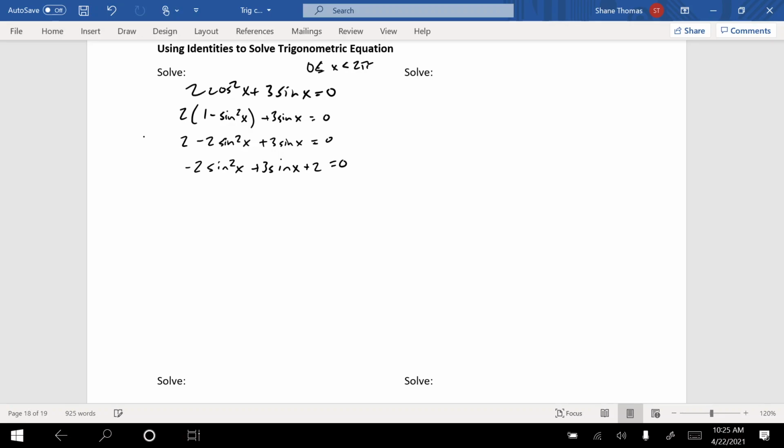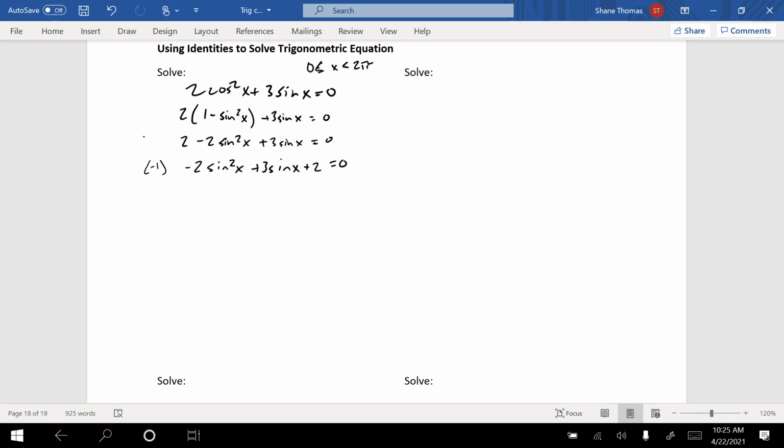I just reordered that to get it in that ax squared plus bx plus c terminology that we use for polynomials. Now, there is one thing I don't like about this. Any idea what the thing I don't like is before I try to factor this? I don't like that negative out front. Let's multiply everything by negative 1.